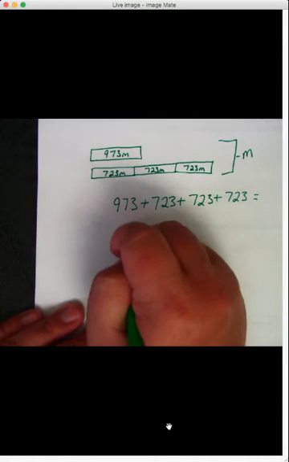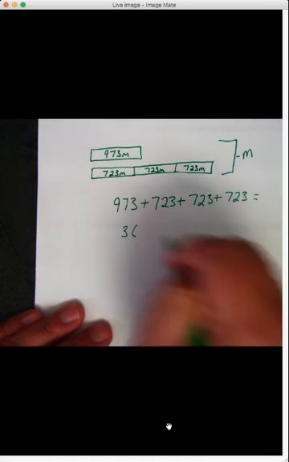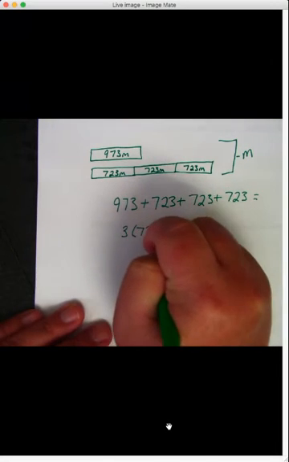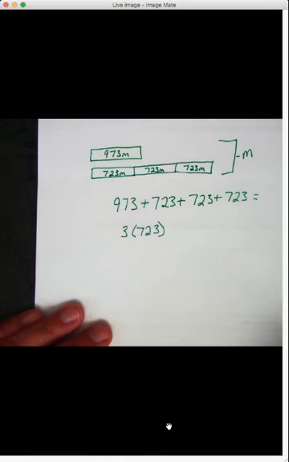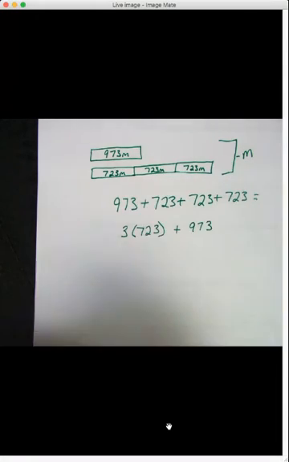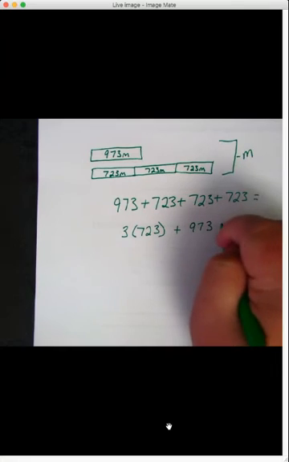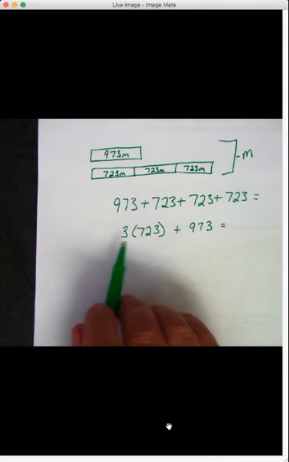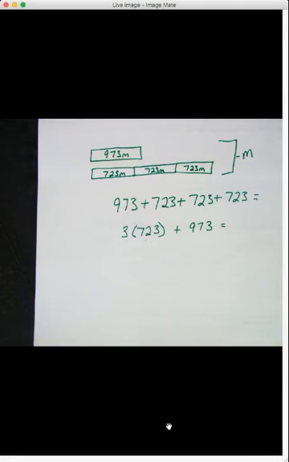But there's an easier way. So you could do 3, and then put it in parentheses, 3 times 723, plus 973. Okay, so the first thing you would have to do is multiply 723 times 3, then add 973 to your answer.